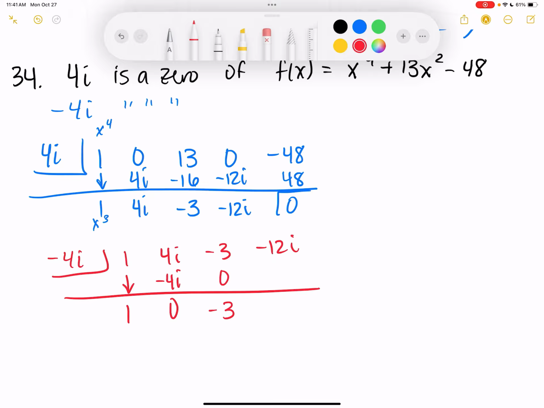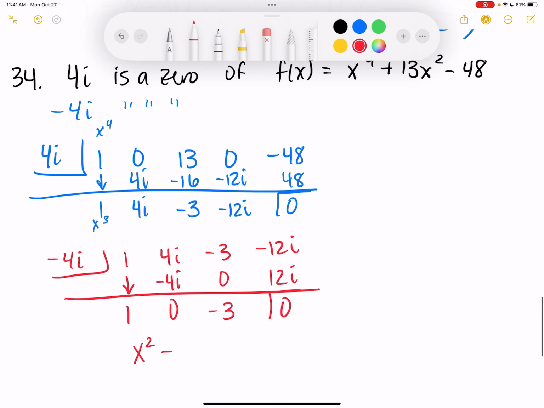Bring down the negative 3. Times negative 4i would be a positive 12i. Minus 12i is 0. So both of those are obviously, well, 1, we proved that they're really zeros, and then 2, it's gotten us down to something that's easier to manage. This was x cubed, this is now x squared. So I now have x squared minus 3.